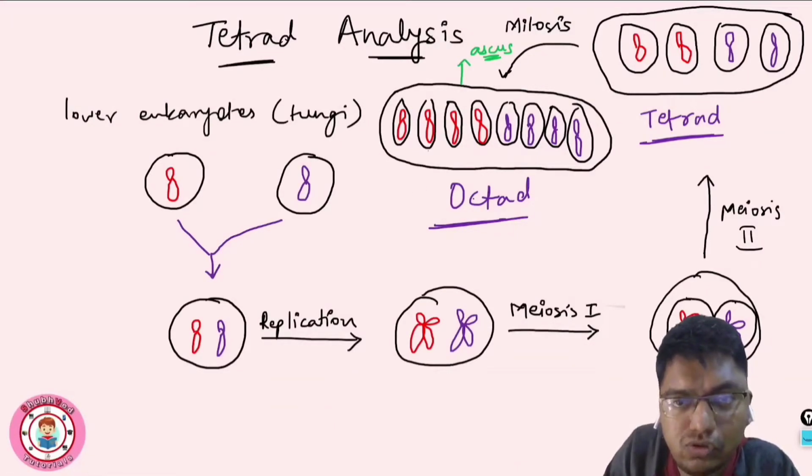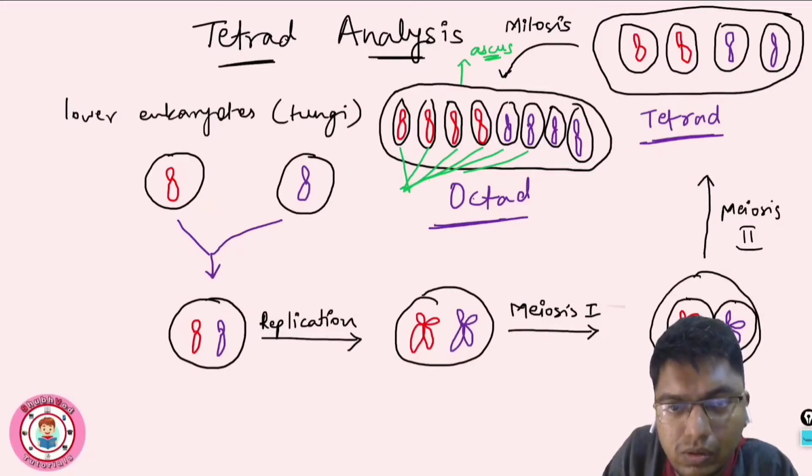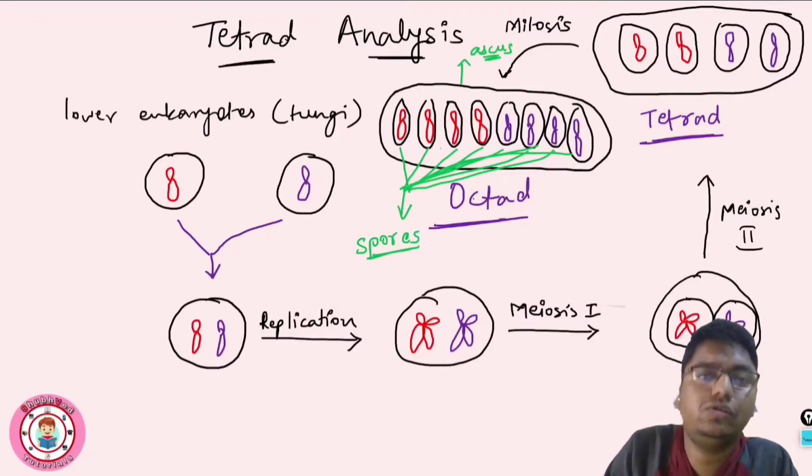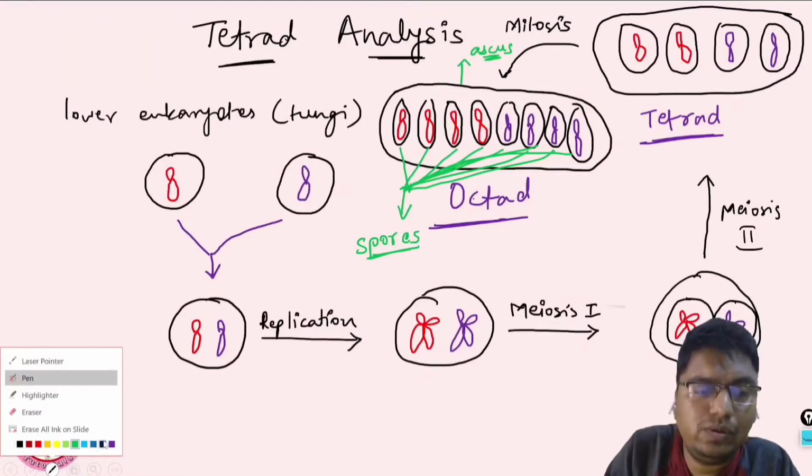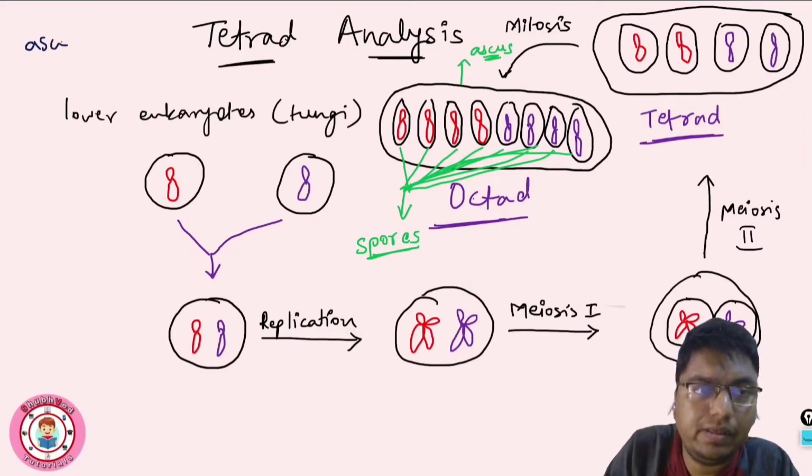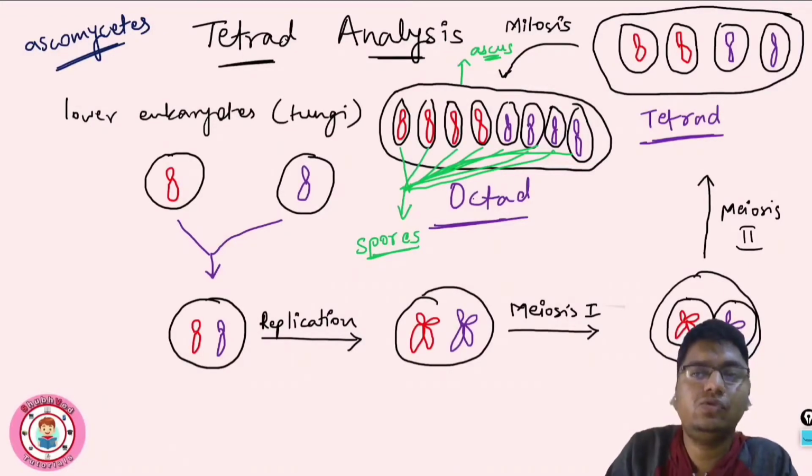So spores are enclosed within a sac. The fungi that form this are basically ascomycetes. So this is a tetrad basically.